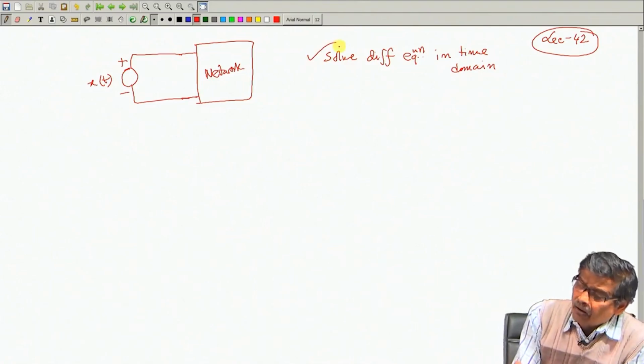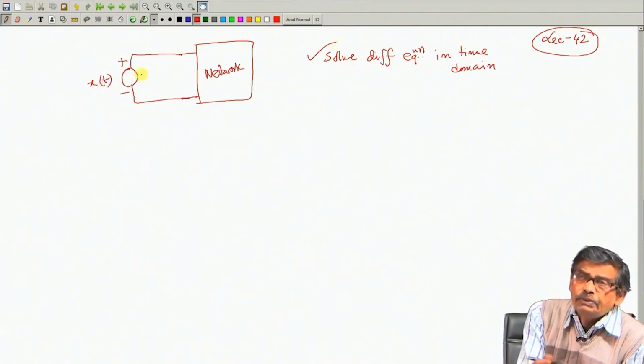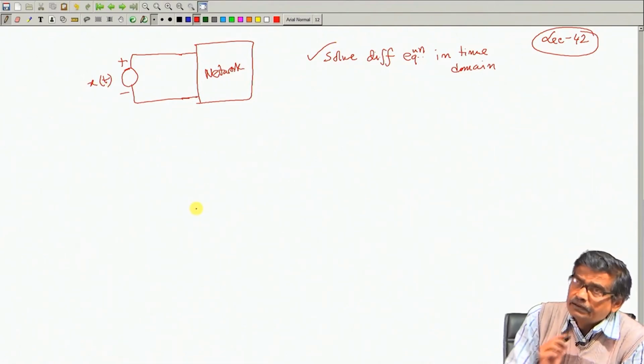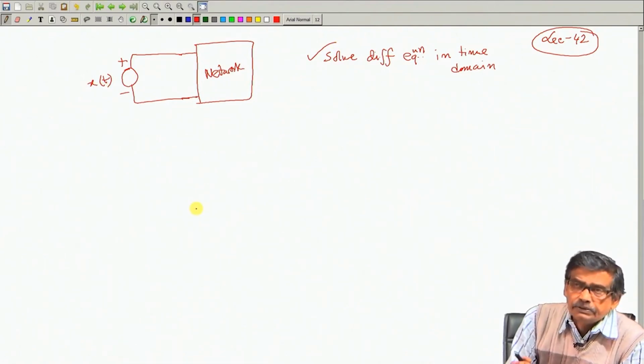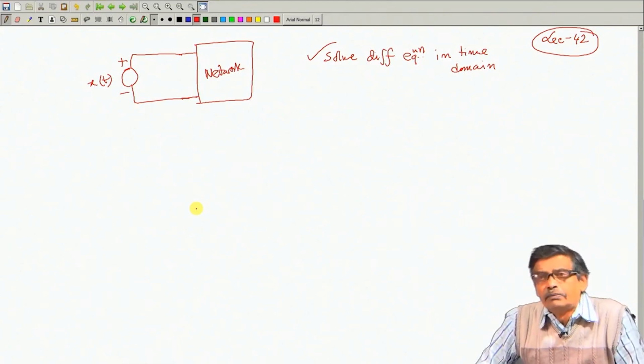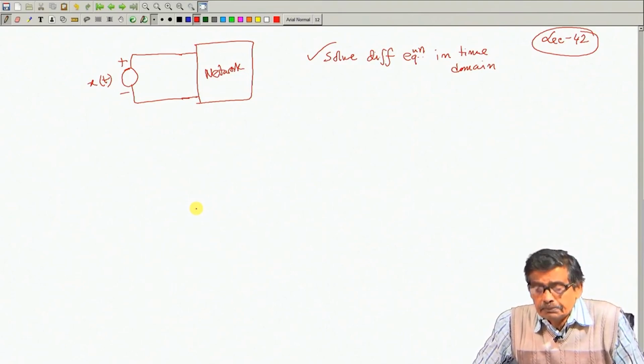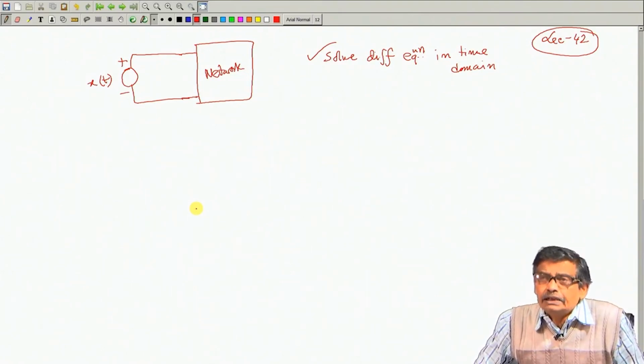And this x(t) could be anything. By that I mean that x(t) could even be a delta function. That is what we have found out. However, to solve the network when the excitation is an impulse, you have to be careful.